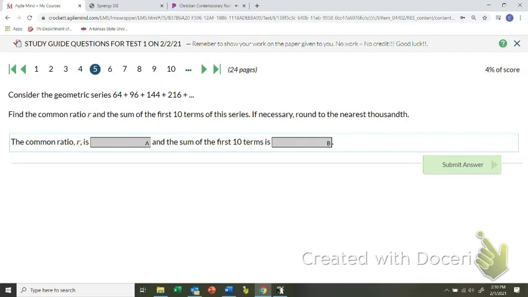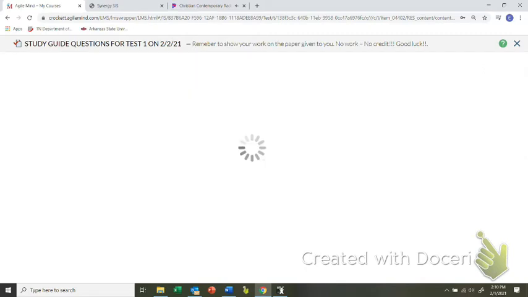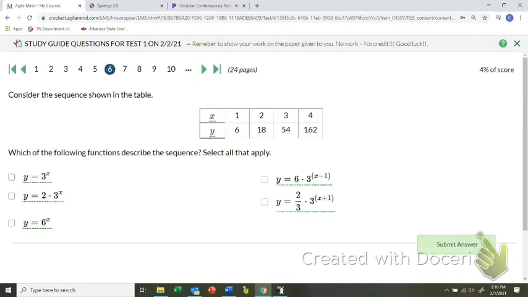Number 6. All right. Which of the following functions describes the sequence? So look, we have a chart. Your answer choices are probably out of a different order than what mine are. So, Alyssa, I want you to type in this first one.